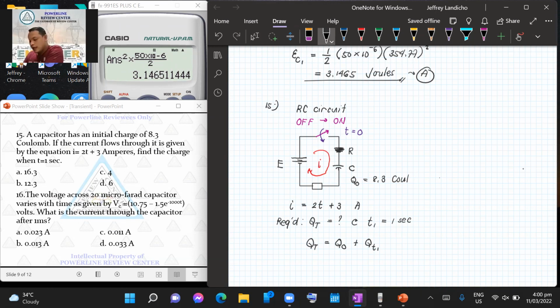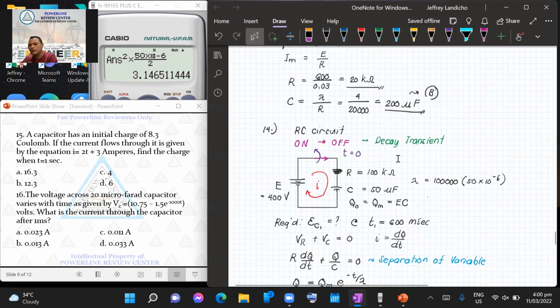Okay? So, kailangan natin makuha ngayon what would be the charge gained by this capacitor after 1 second, after the switch is closed and connected to this given source voltage that produces a current of what? 2t plus 3 ampere.